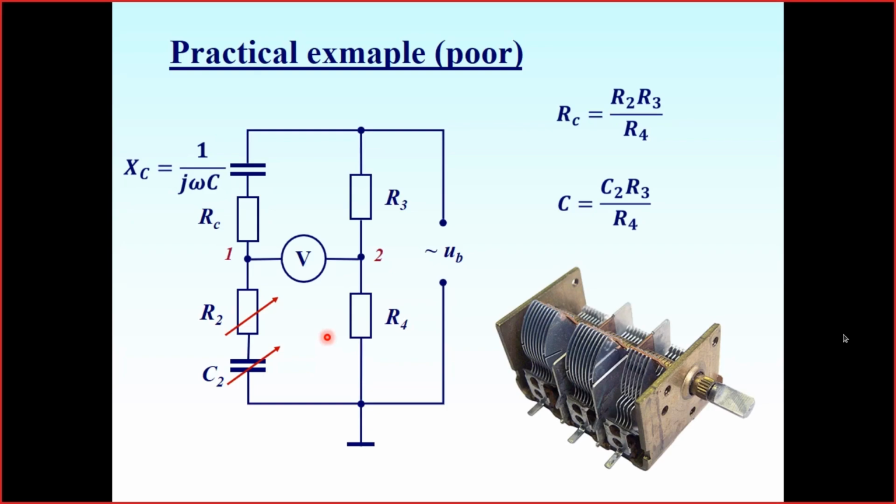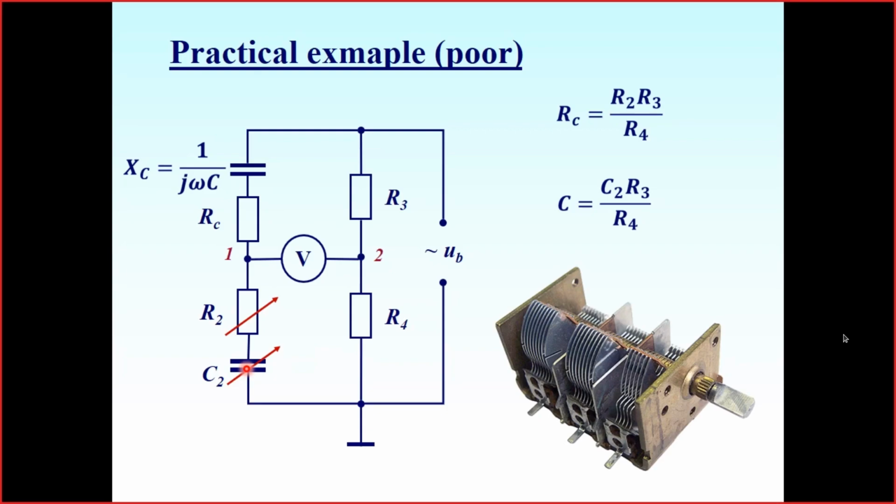The second drawback of this circuit, as I said, is that we balance this circuit in some kind of iterative process. Balance R2, then C2, then one more R2, then C2. So this bridge requires quite a number of such steps to balance, and the convergence of this process is quite poor.